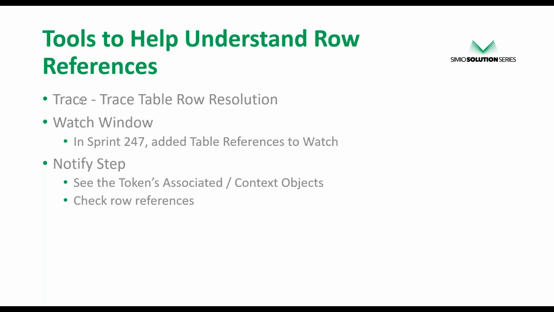With trace, you have advanced trace options where you can turn on trace table resolution, and that lets you see more detailed information about the different row references each object has when it's evaluated at the different point in the process logic.